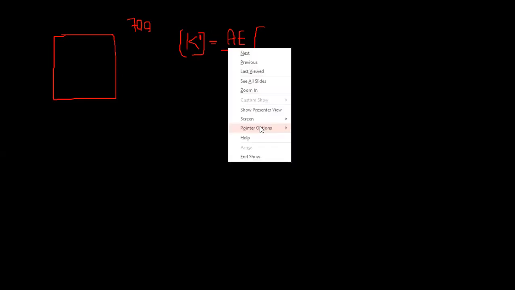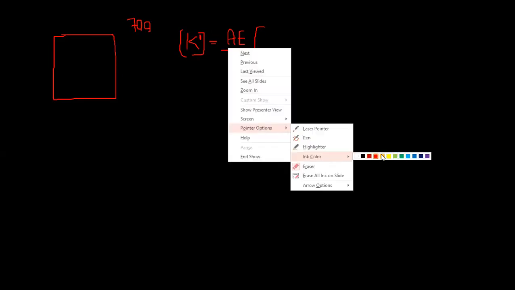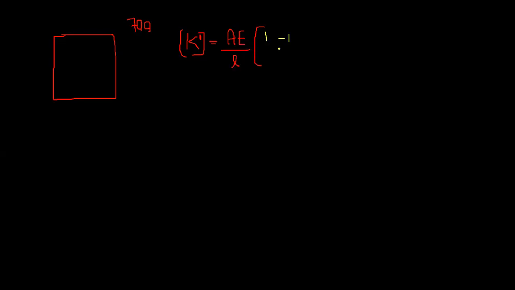For this case, it's 700, so you can write the stiffness matrix: A E over L. Let's call this K1, the K of element 1, with the matrix 1, minus 1, minus 1, 1.